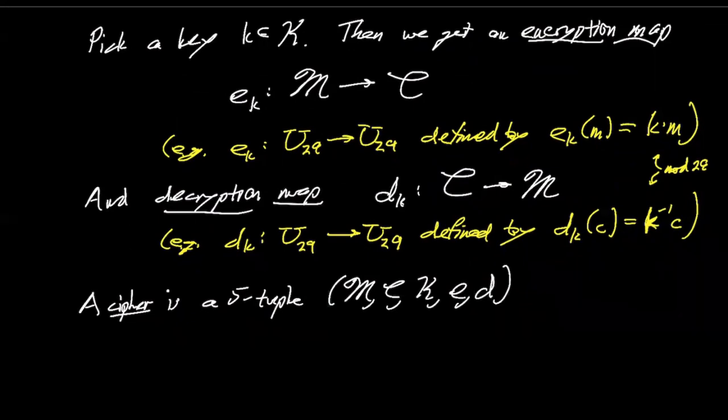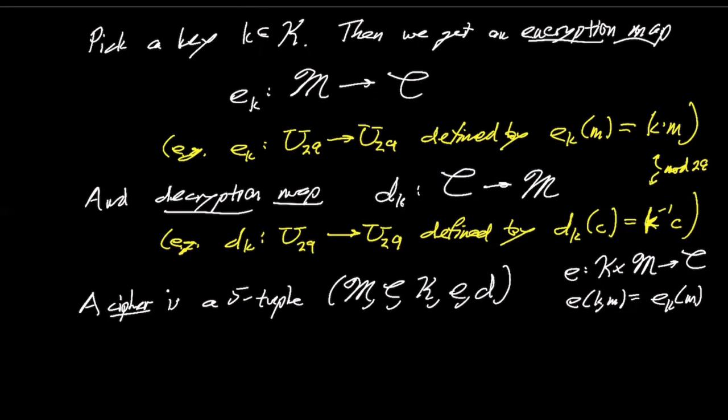You pick a key K, and then you get this map E sub K. You could think of E as being a map from K cross M to C, where E of K comma M is E sub K of M. Oh, and my C looks a little bit like an E.